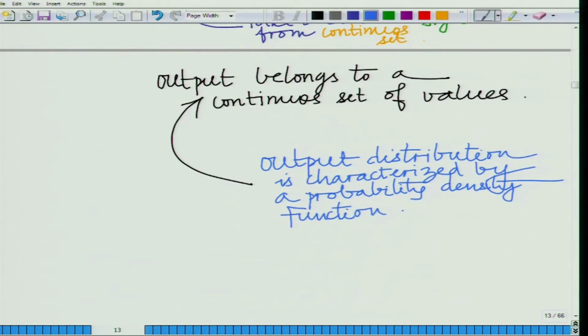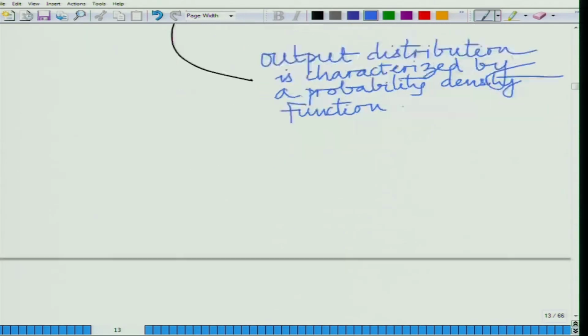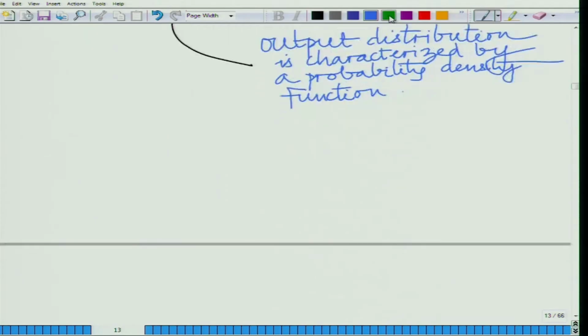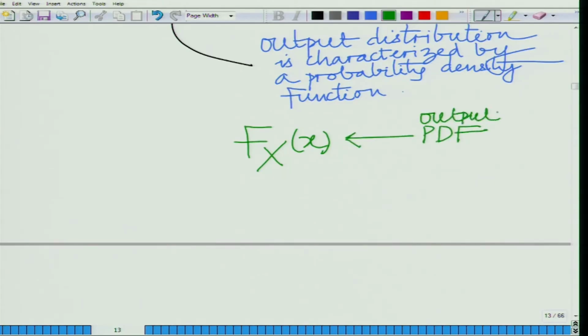So far we have seen a probability mass function. Now, because the output can take values from a continuous set, this is characterized by a probability density function, the PDF, the output PDF of source x.